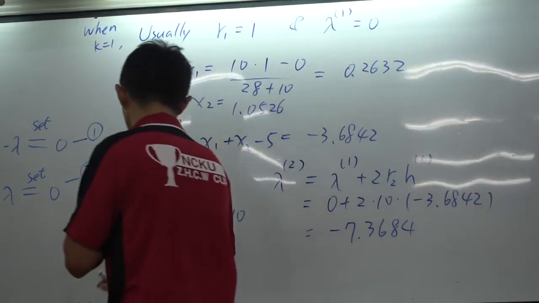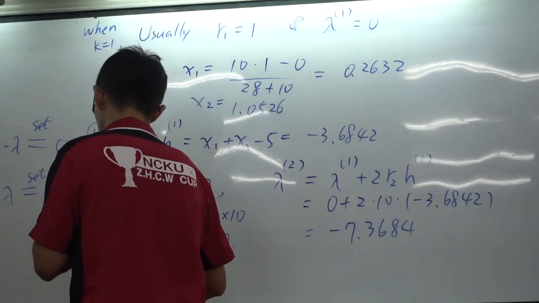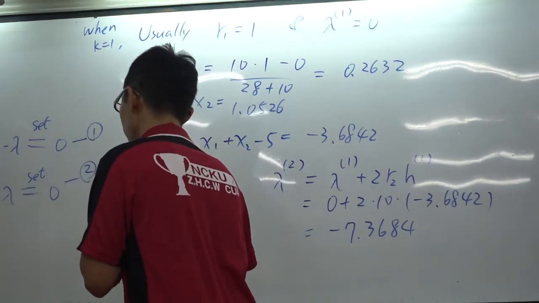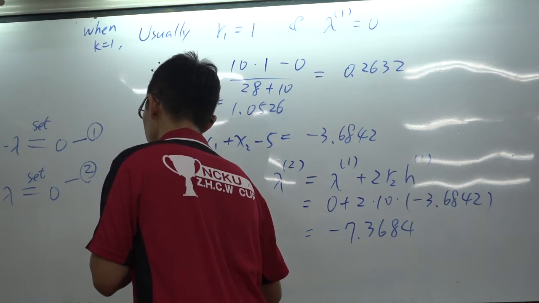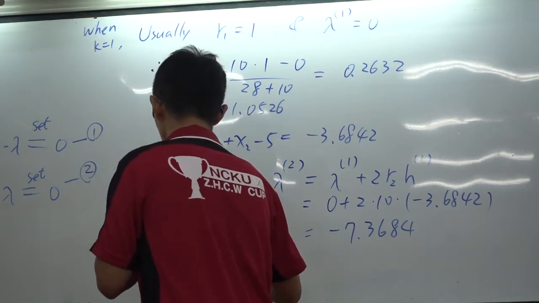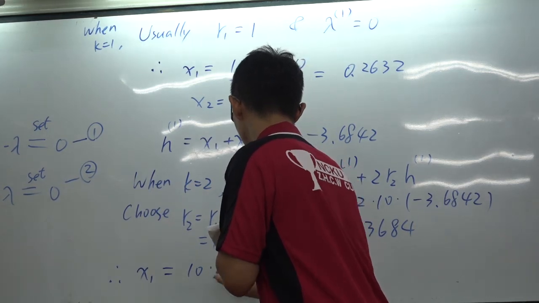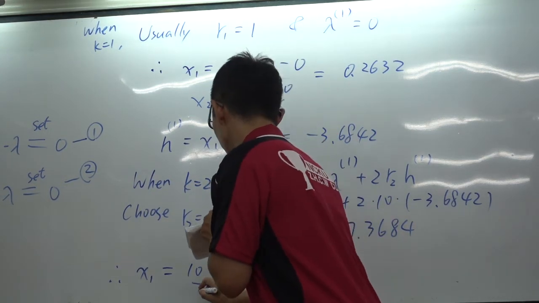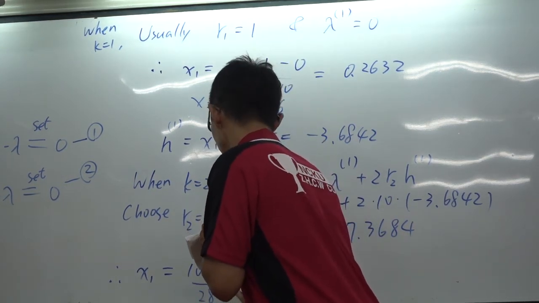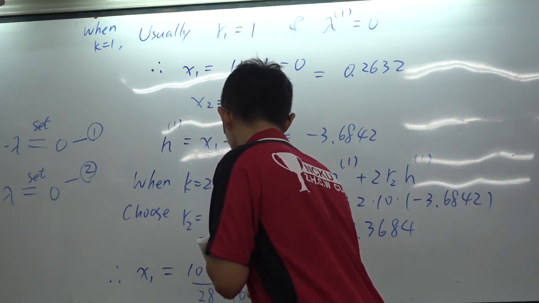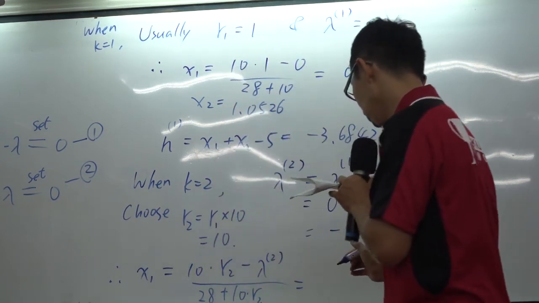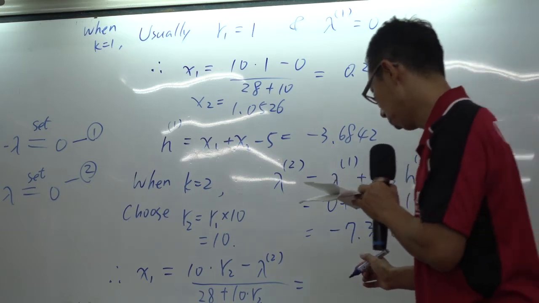So in this way, x1 equals 10 times R2 minus lambda 2, divided by 28 plus 10 times R2. Let me directly give you the number.